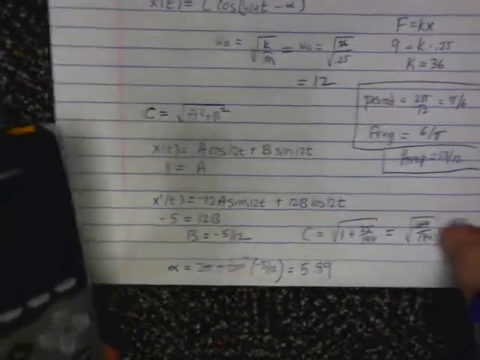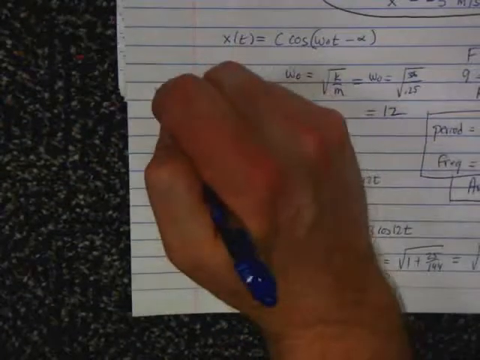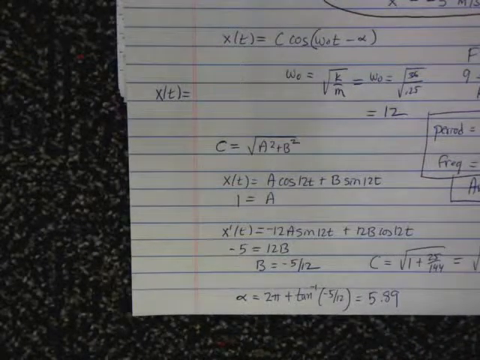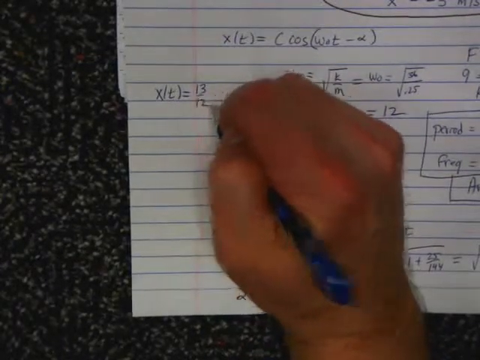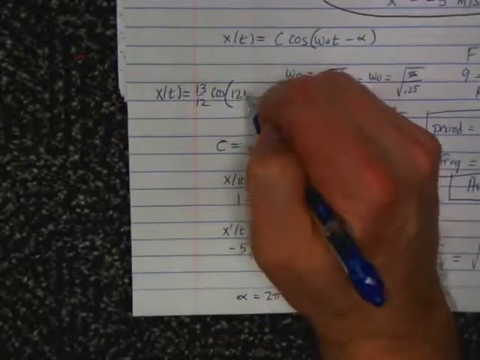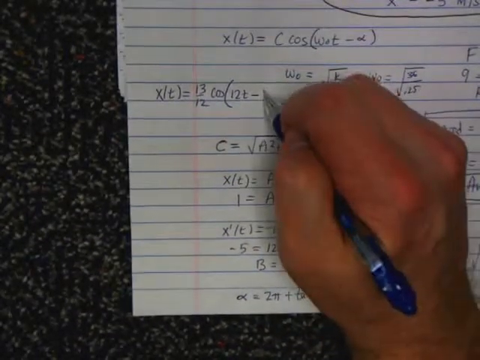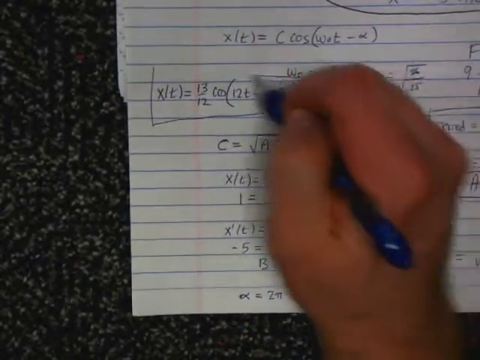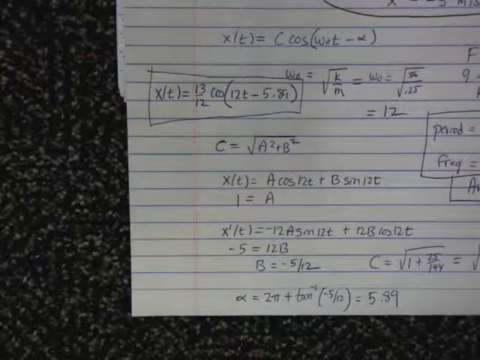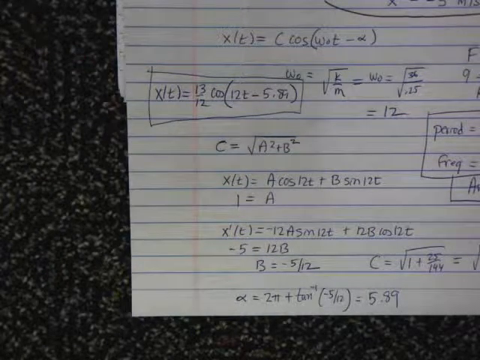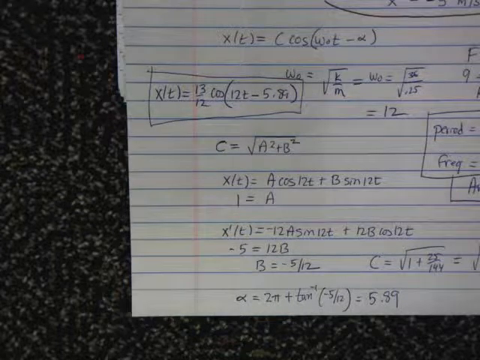Final answer then: x of t is, my C number was 13/12, cosine of 12t minus 5.89. Questions on that?